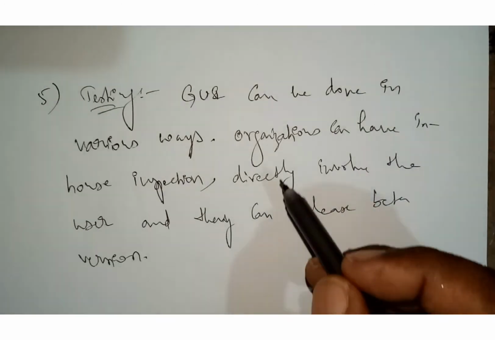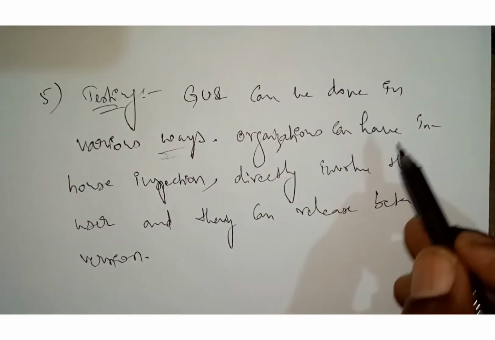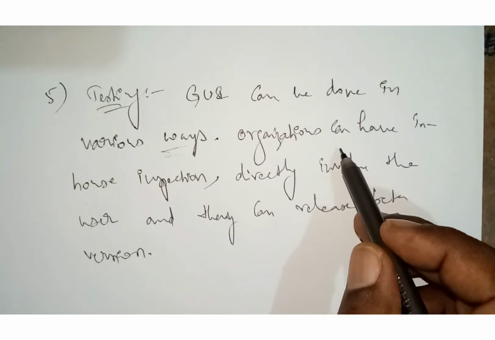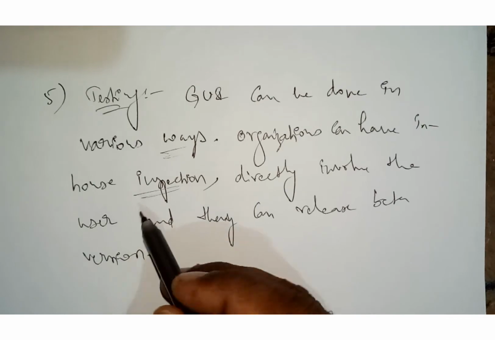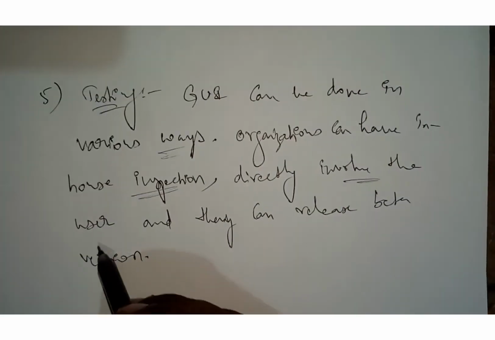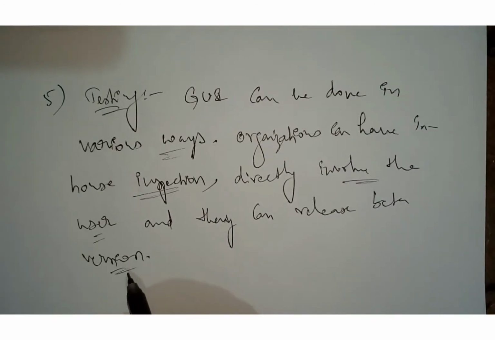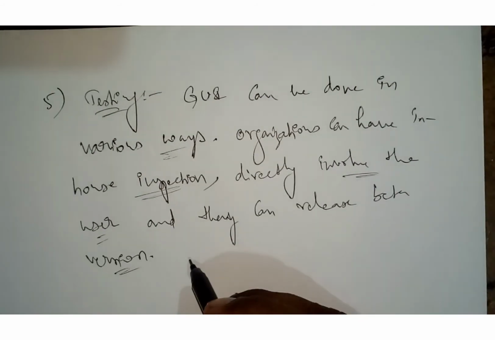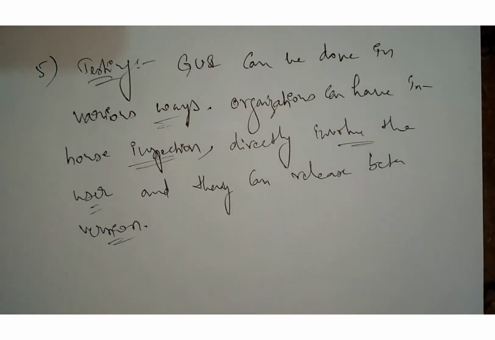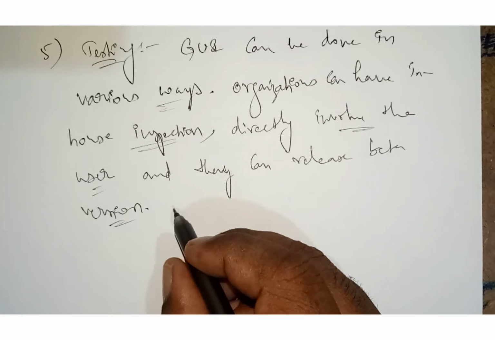GUI testing can be done in various ways. Here the organization can inspect, directly involve the users, or release the beta version. Different types of testing can be done.